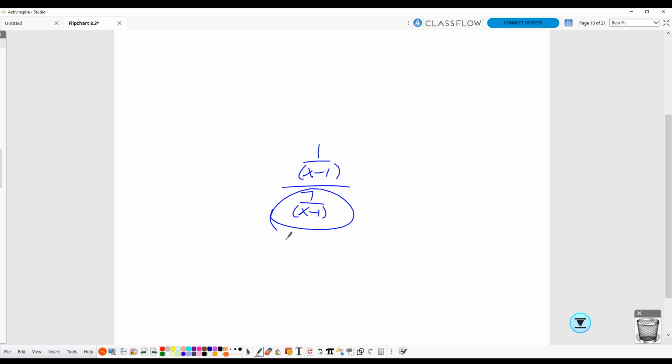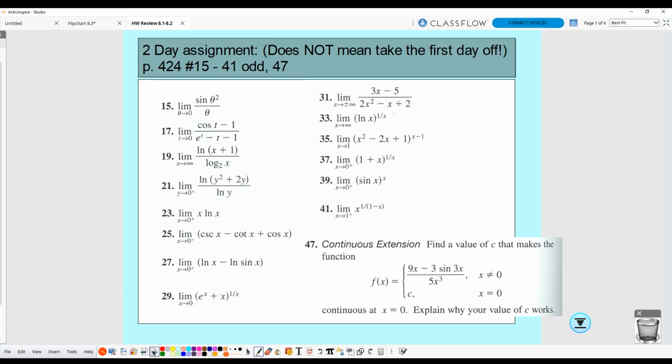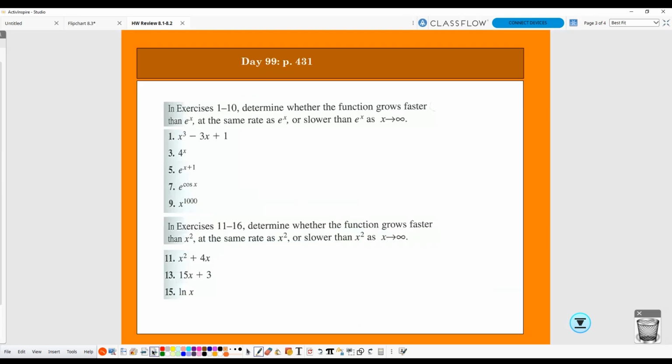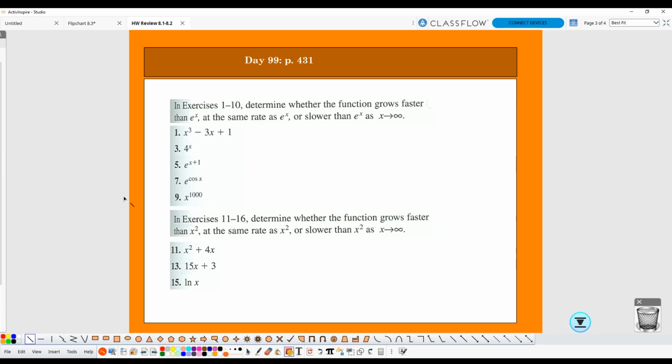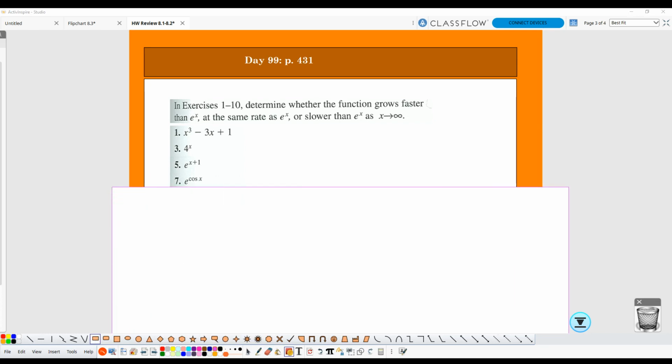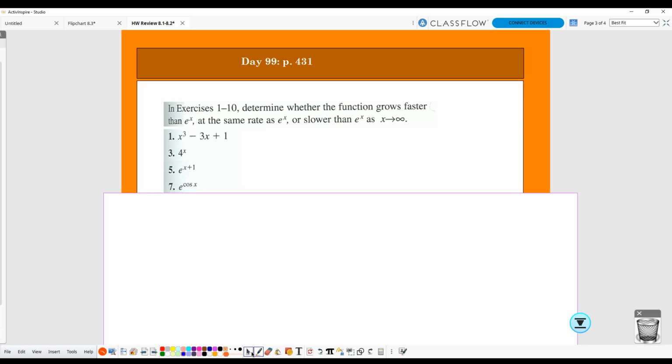Can you go to 7? 7 from last night? First of all, you guys should have some insights into these.